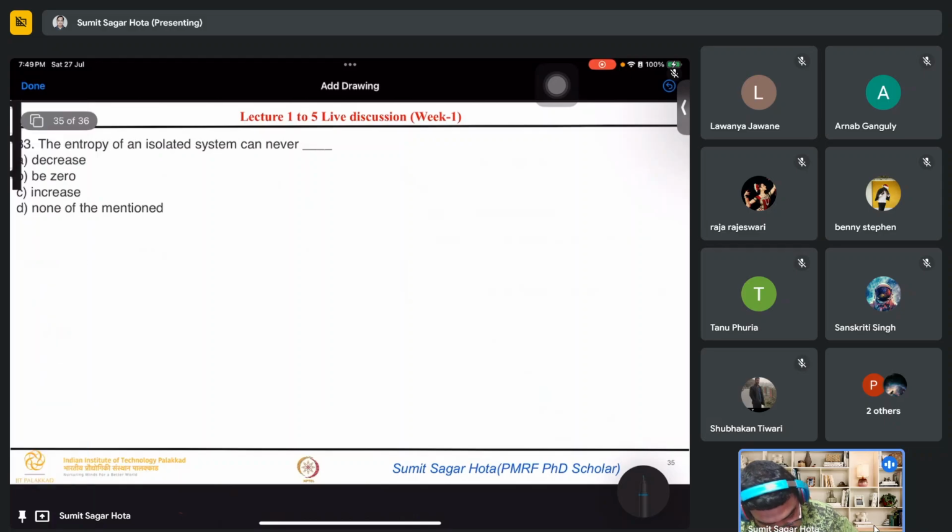So the last question. The entropy of an isolated system can never be what?